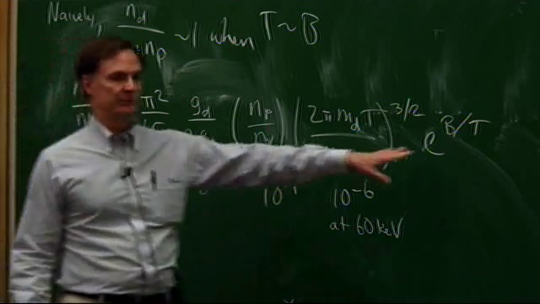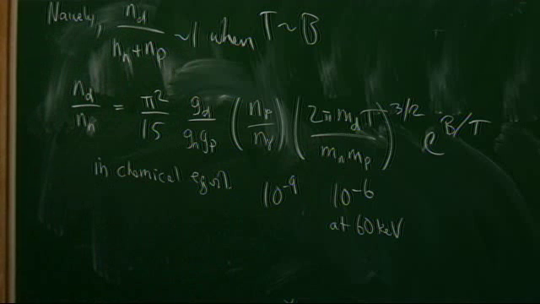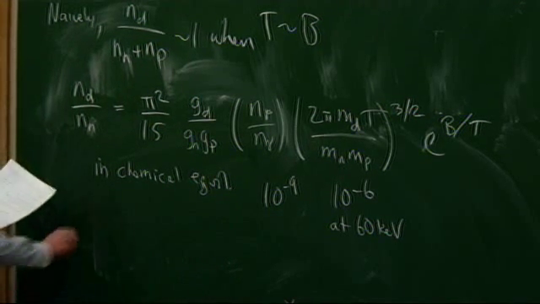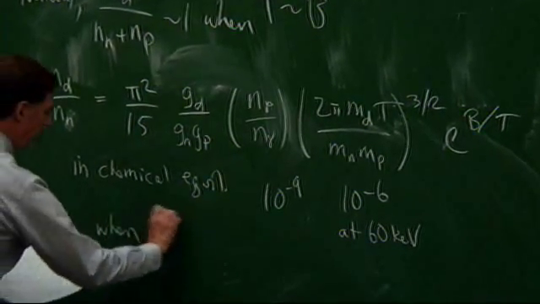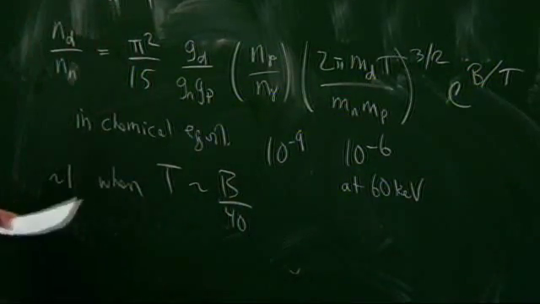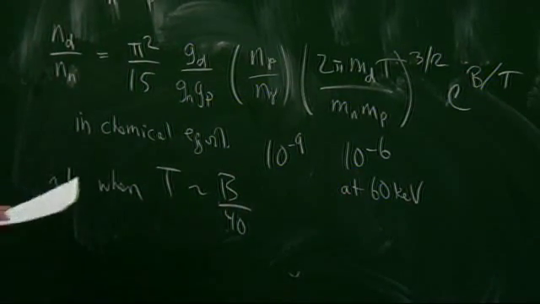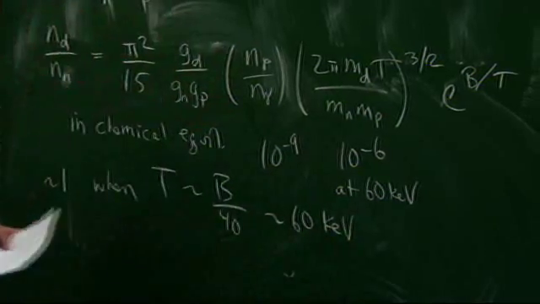So you can take the logarithm of 10 to the 15th and solve for the temperature where the abundance ratio is about 1. And so this is about 1 when the temperature is about B over 40, which is about 60 keV.